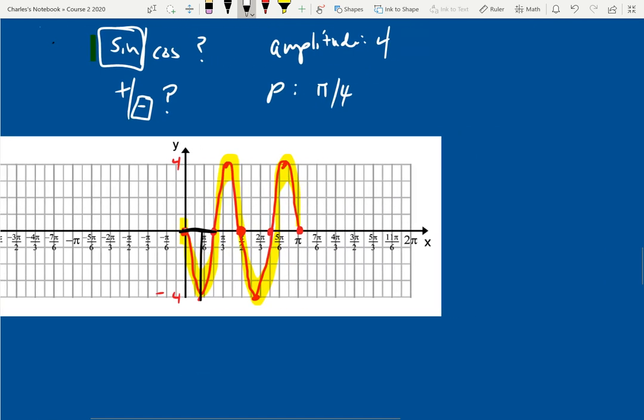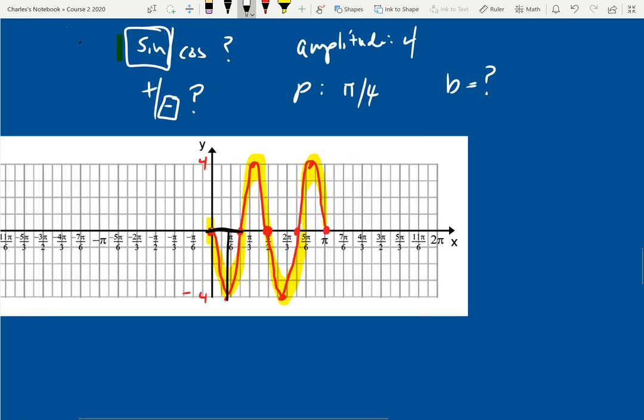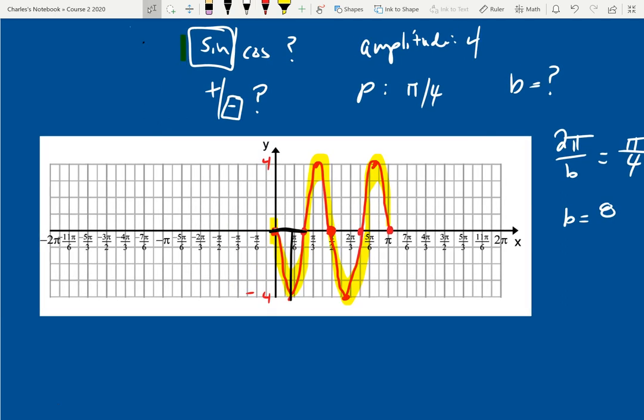So what's the B value going to be? Well, that's a tricky one. What I know is that 2 pi divided by B has to equal pi over 4. And if you do some math, you get that B has to equal 8. So now if I'm writing this function, I'm going to get y is equal to -4 sine of 8x.